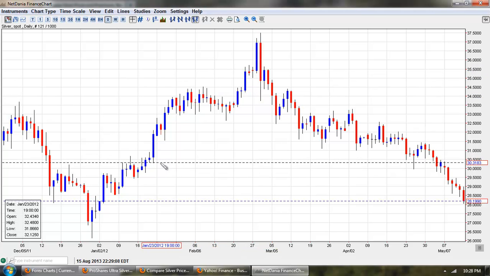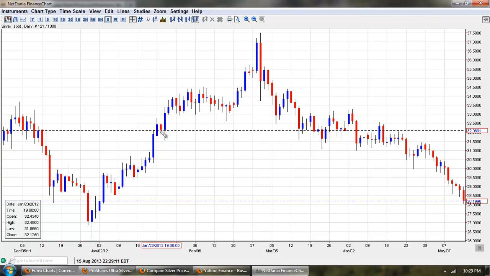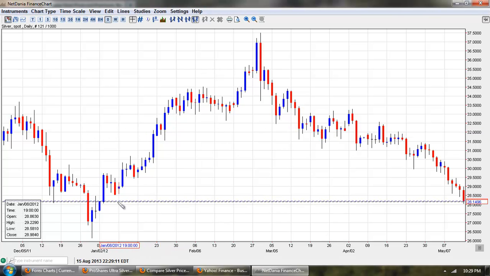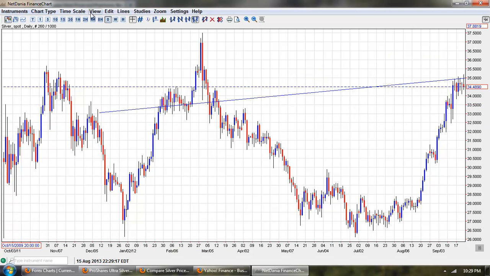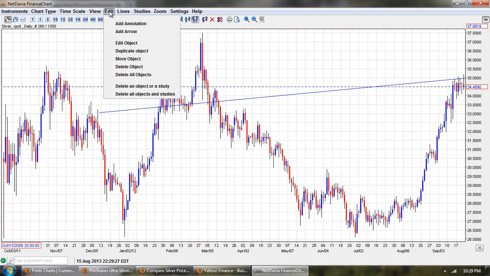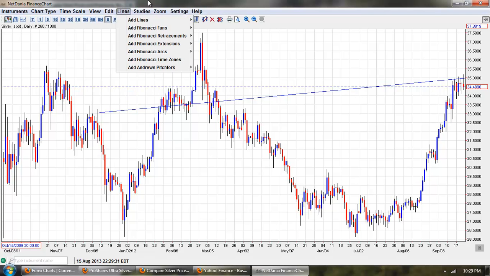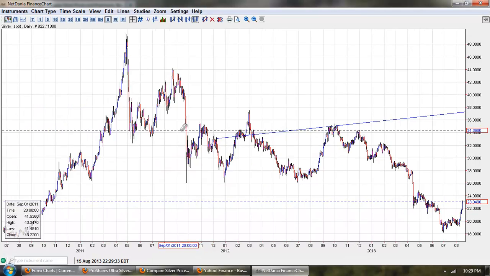You had a move right here from about $30.30 all the way up to $32. You had another move here, from 28 or so up to nearly 30. So it's not unusual in the silver market to get very large moves to the upside as well as the downside.